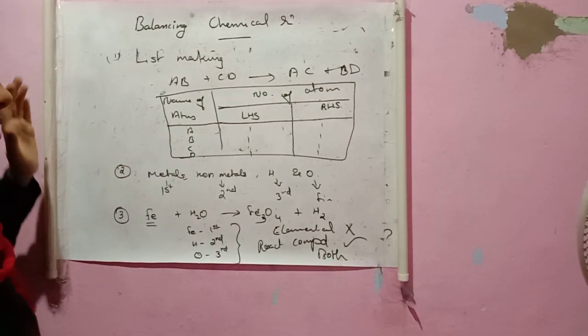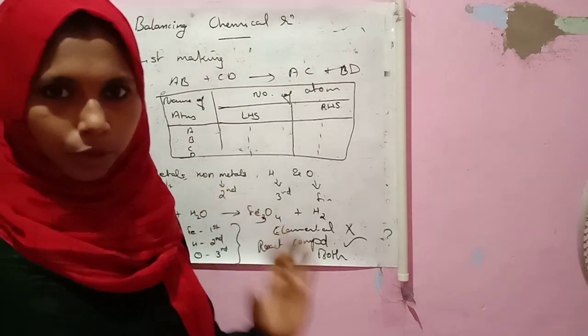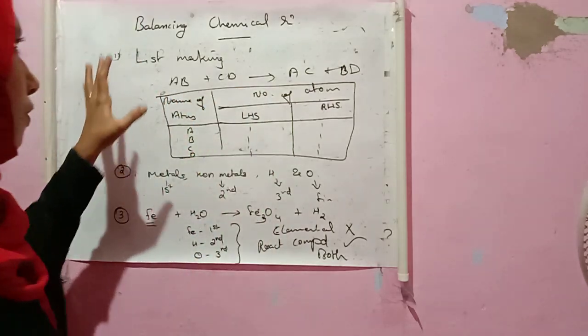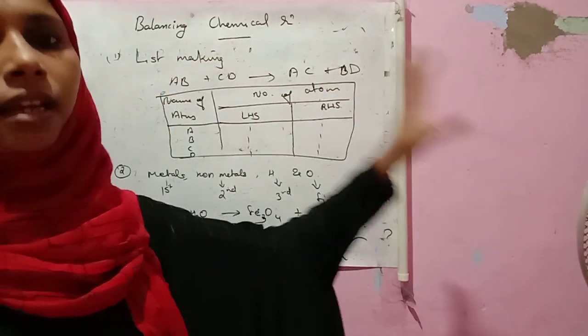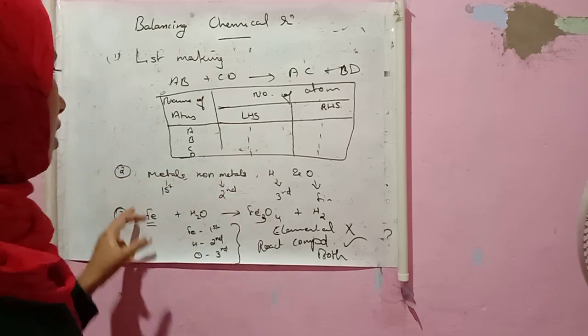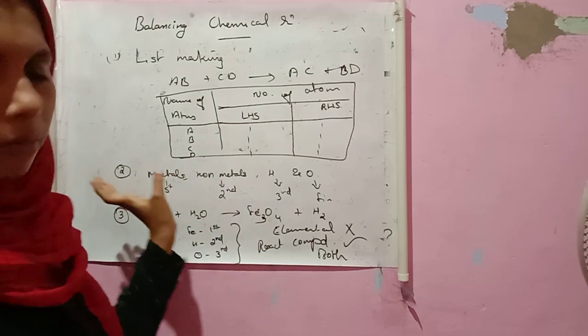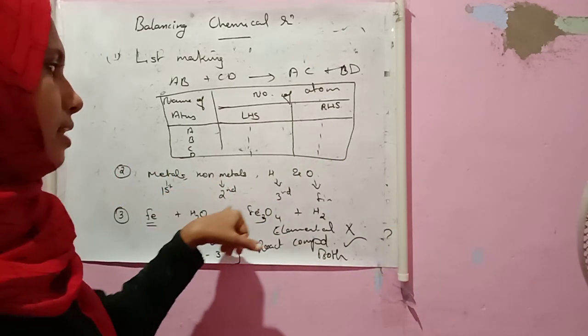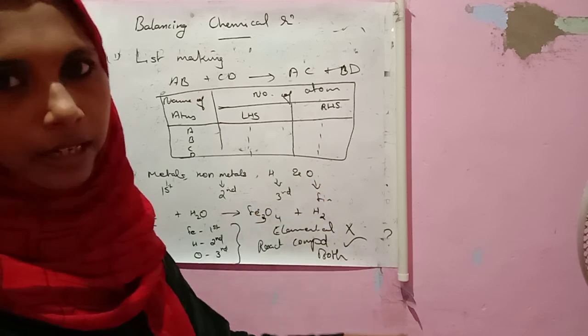I think these three rules may be clear to you. First, we have to make the list of the members participating in a particular chemical reaction. Second, we have to balance the chemical reaction in the order of metal first, non-metal second, hydrogen third and oxygen finally.